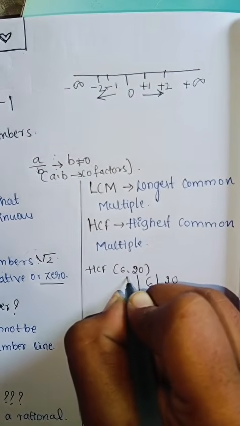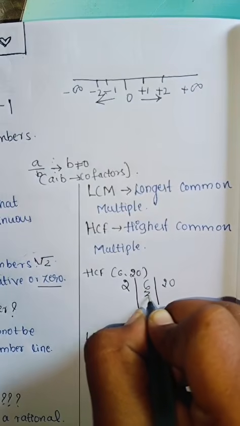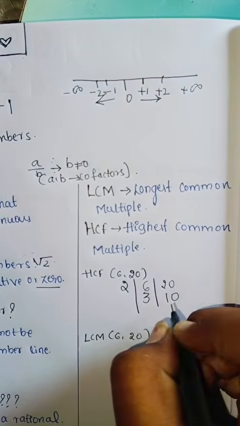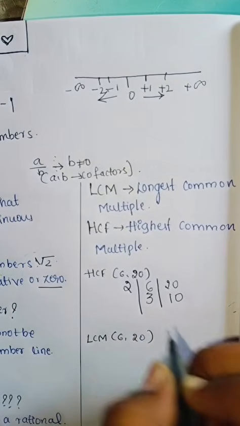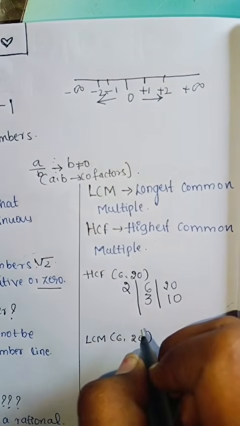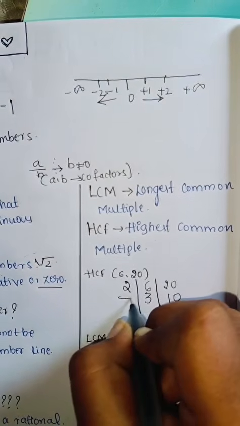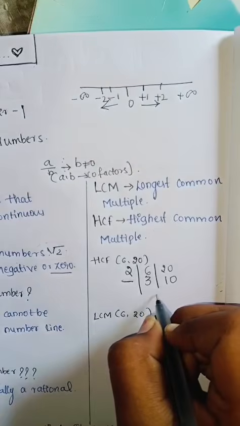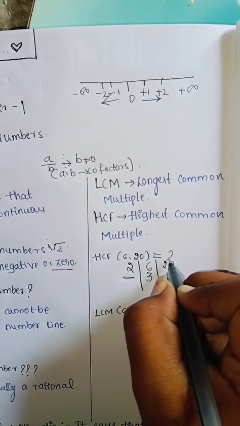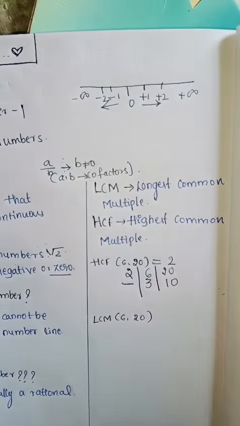We can take 2 as starting, 2 3s 6, 2 10s 20. Now we can't take 3 here because 10 is not divisible by 3. Only 2 is the highest common factor. Therefore, the HCF of both the numbers is 2. I think you got the HCF.